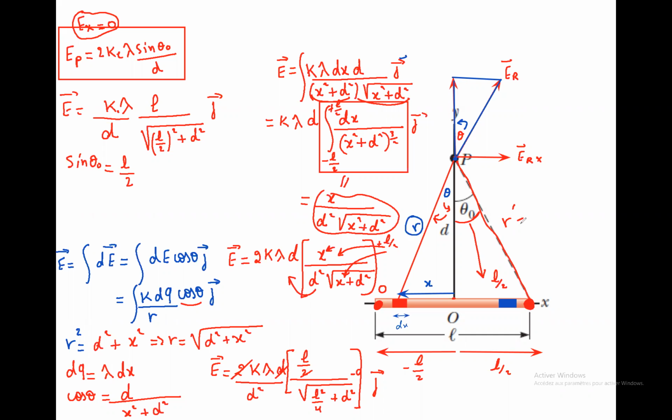Okay, R prime equals radical L over 2 square plus D square. If you take this triangle, this hypotenuse equals radical L over 2 square plus D square. Okay, we can say here sine theta 0 equals L over 2.